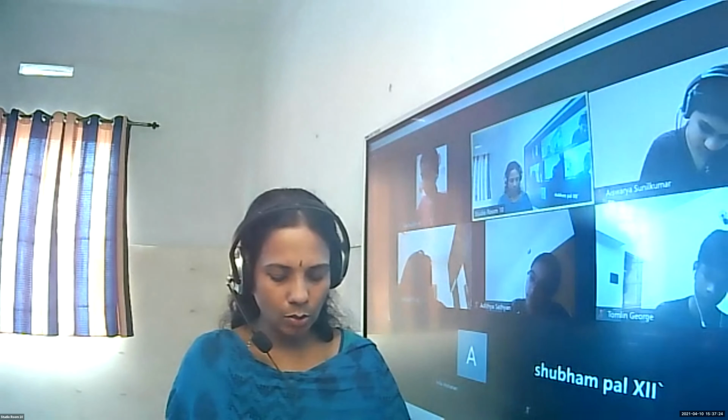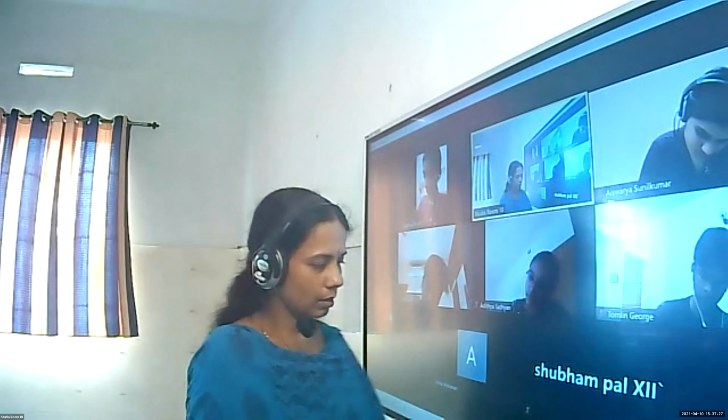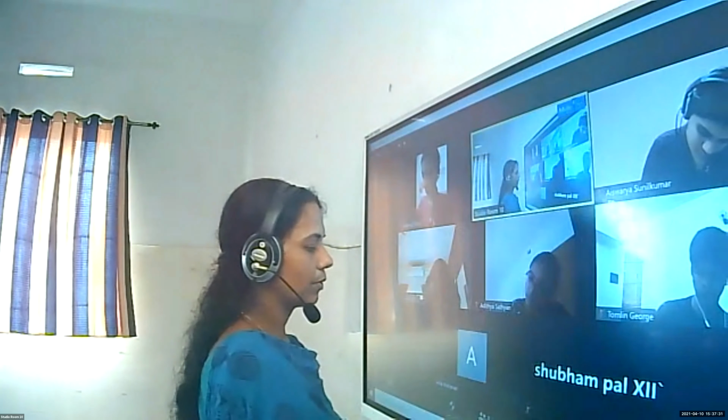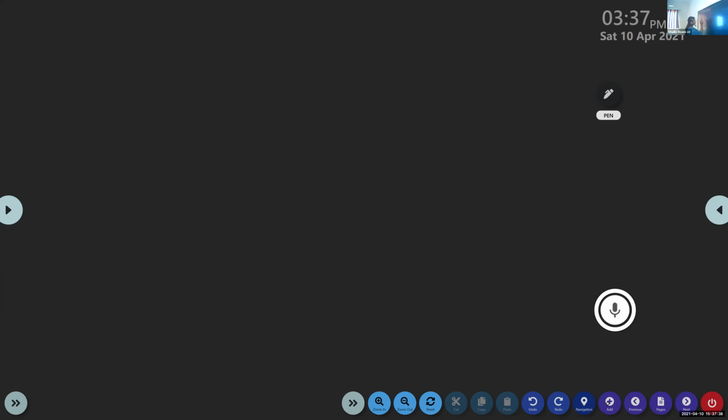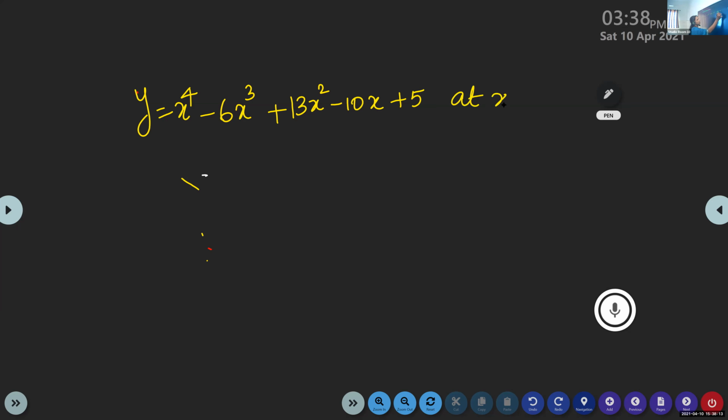Find the equation of the tangent and normal to the curve y is equal to x raised to 4 minus 6x cube plus 13x square minus 10x plus 5 at x is equal to 1.